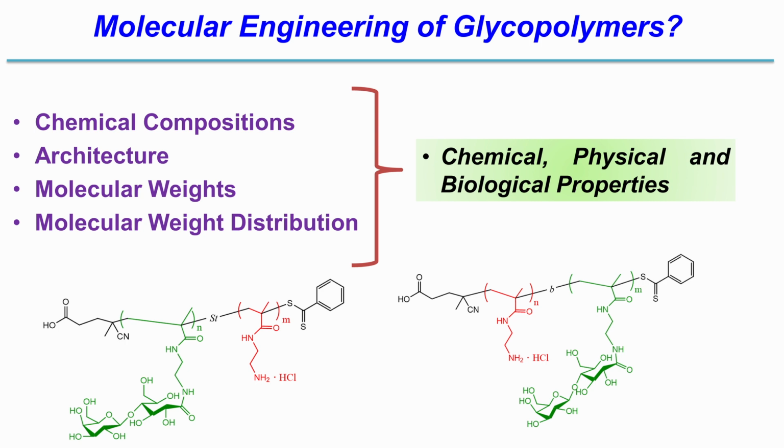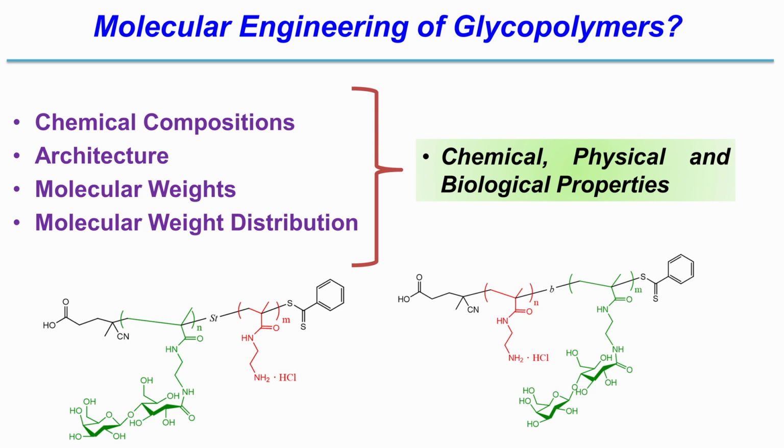If you look at a polysaccharide like chitosan, you have the same repeating unit, and you can maybe have different molecular weights, but the structure is the same, right? But here we can control the composition, so we may have different contents of the sugar and, for example, the cationic part, which is the red part there.